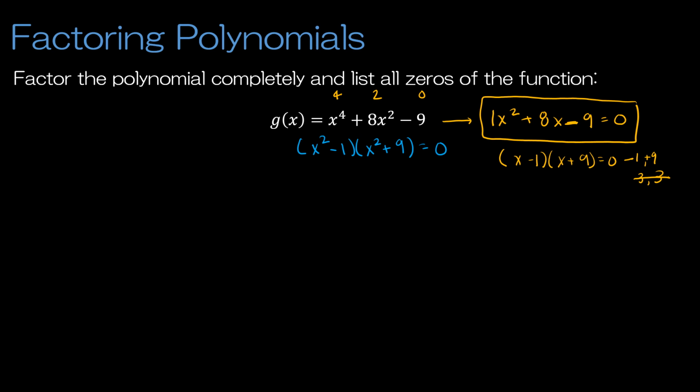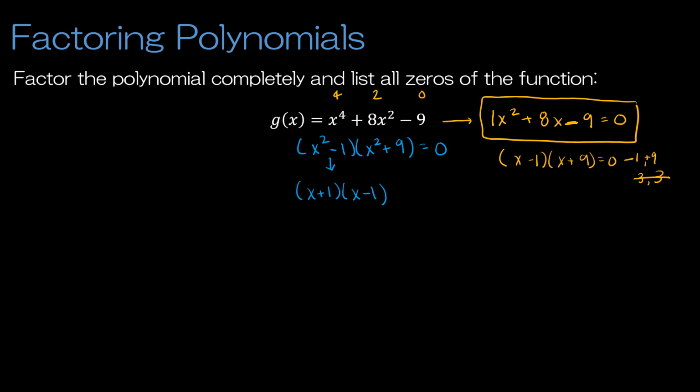So again, we're not done because we want it factored completely and finding all the zeros. So now I'm going to factor each binomial. So this is a difference of squares pattern, perfect square minus a perfect square, so it's x plus 1, x minus 1. And what am I going to do with x squared plus 9?